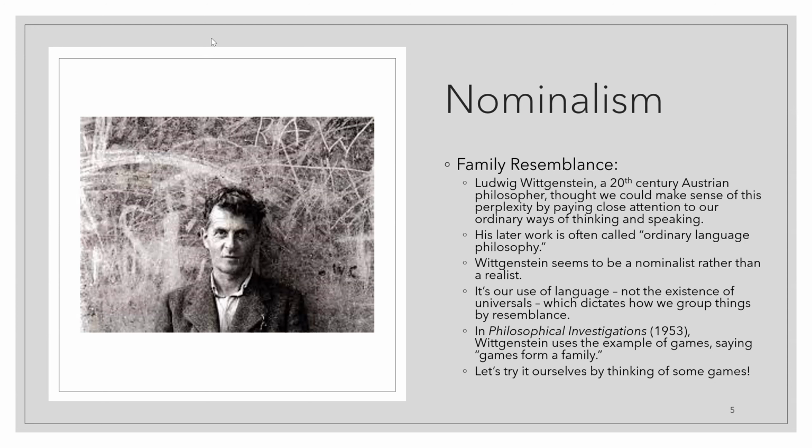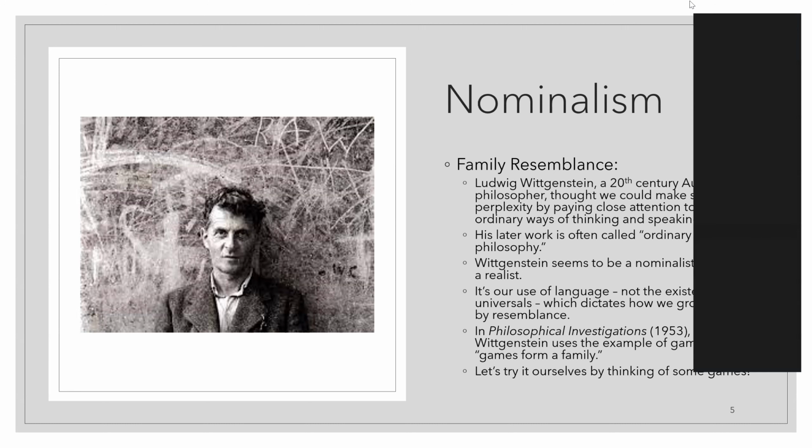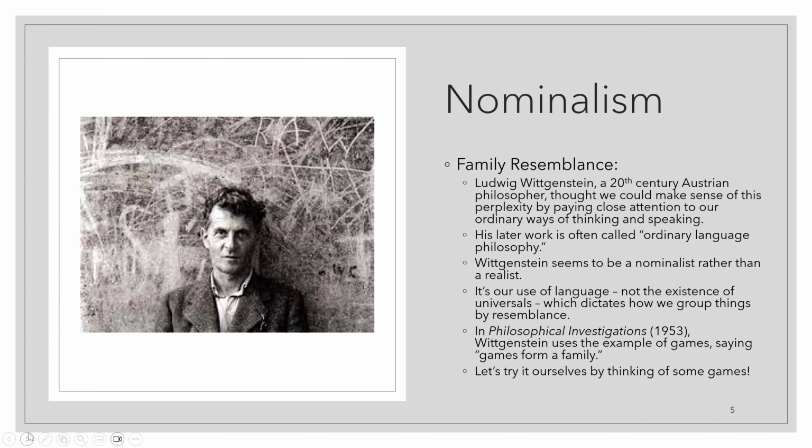Some are played with cards, like Crazy Eights, Poker, and Solitaire. Some are played on a court, like basketball, but they're all played. They all have some things in common with one another, even though they're a little bit different from one another. Kind of like members of a family. They're all kind of similar to one another, but they're different individuals. This is the notion of family resemblance.